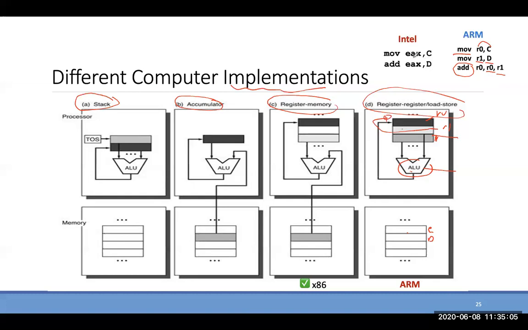Whereas if you look at the Intel right here, you move the memory C to EAX. So you have a memory, let's say here, C, and you moved it to a register somewhere, maybe this one. So this is maybe EAX. And you said add to EAX, D. Did you need to move this?